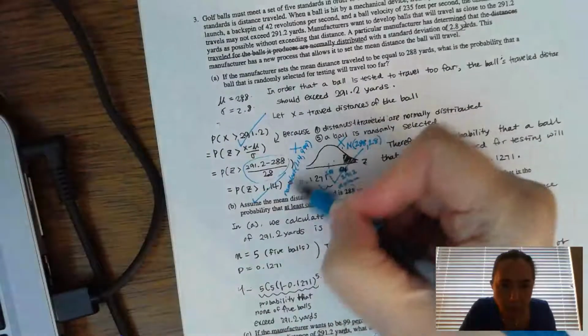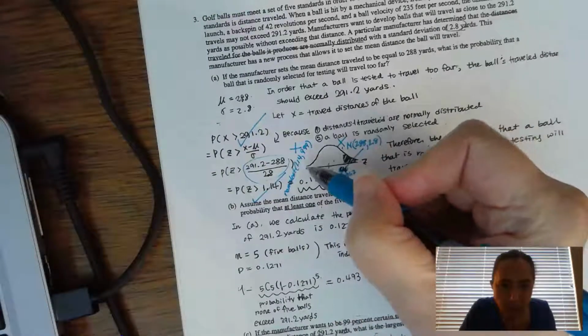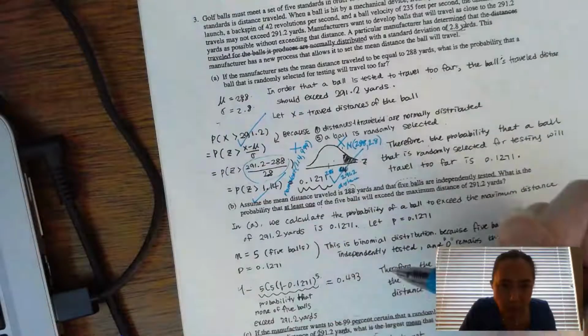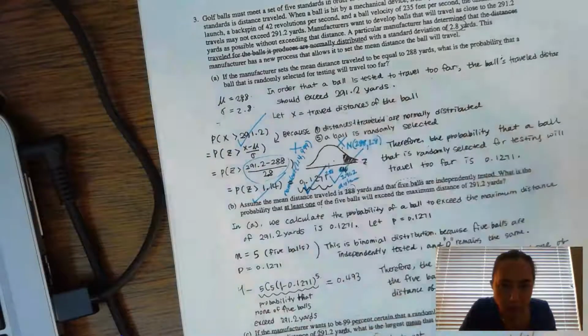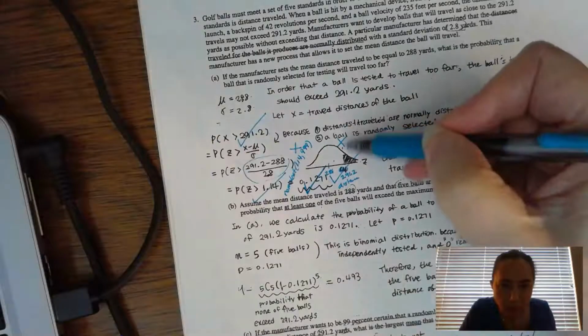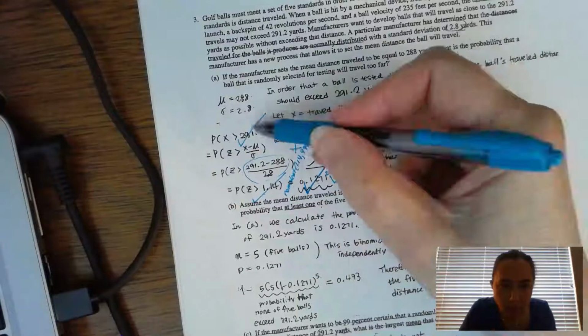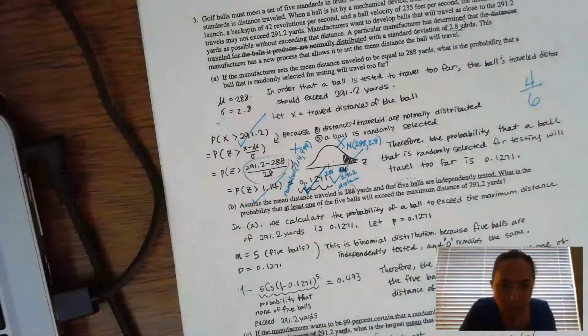I do want to see the calculator speak, but if you have everything else, they're not going to care that it's there. I expect it to be there. And then the answer is 0.1271. I'm going to give a check mark for having the right answer. And so far, in this particular problem, there are 1, 2, 3, 4, 5, 6 checks. My person got 4 out of 6 on this particular section.